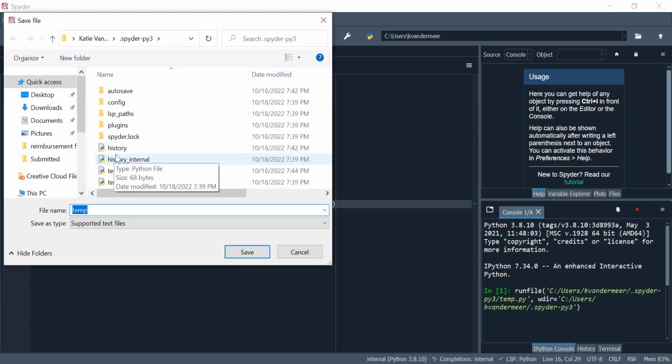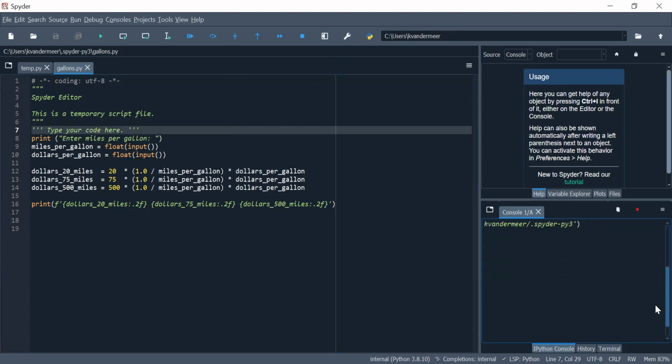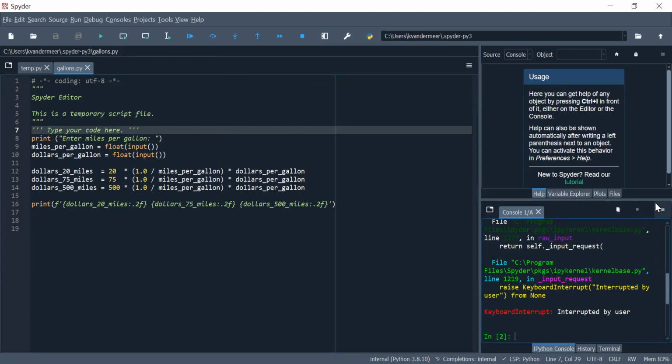Let me save it. I don't see any output. Me neither. Does yours work when you run something like this? Ooh, is that it?